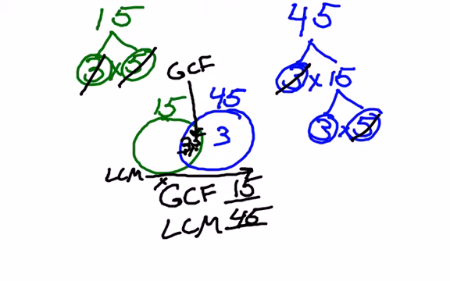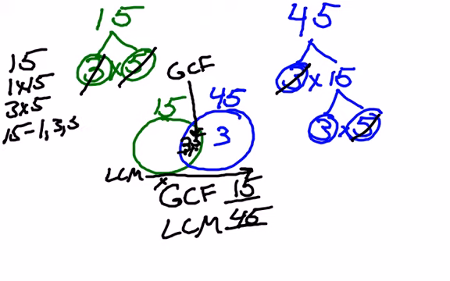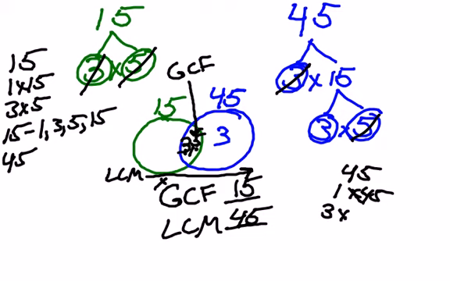Now, if you want to just check to make sure we did this all correctly, we could put the factors of 15 over here, the older way. 1 times 15, 3 times 5. Factors of 15 would be 1, 3, 5, 15. For 45: 1 times 45, 3 times 15, and I knew this, 5 times 9.